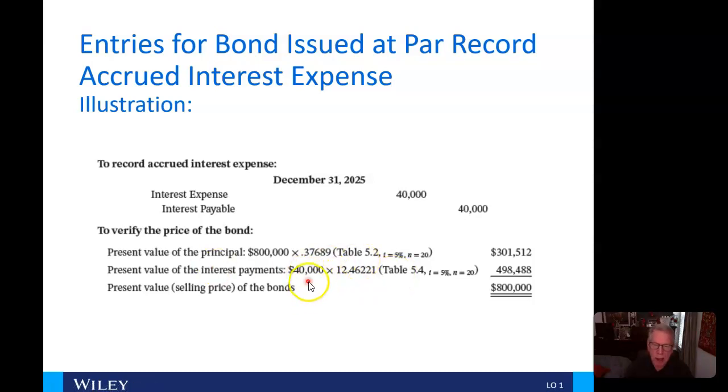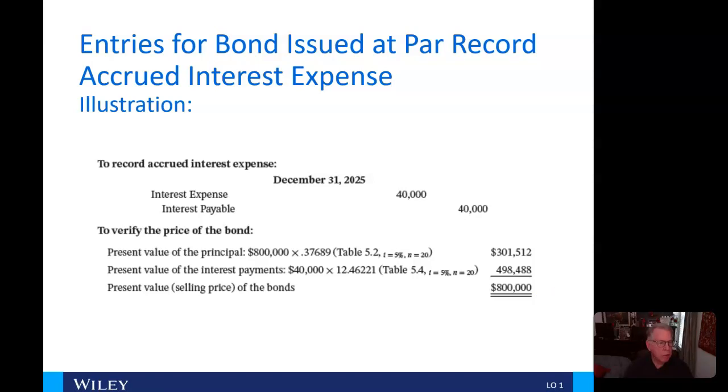Multiplying times $40,000, we get $498,488. If we add the $301,512 to the $498,488, we get exactly $800,000.